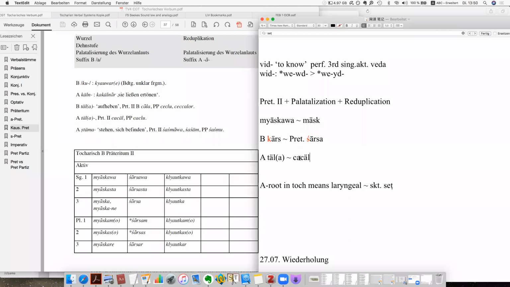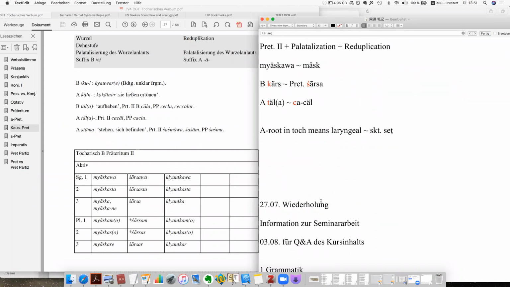So you see, this is preterite. It has palatalization, right? Palatalization and reduplication. Yeah, reduplication. So this is palatalization, and then this is reduplication. So this is actually the most important features of second preterite. Okay, and then comes to the historical part.